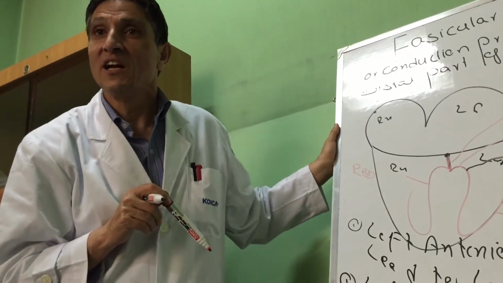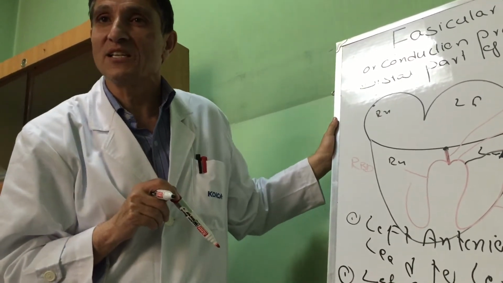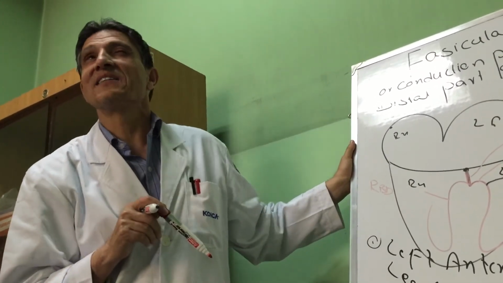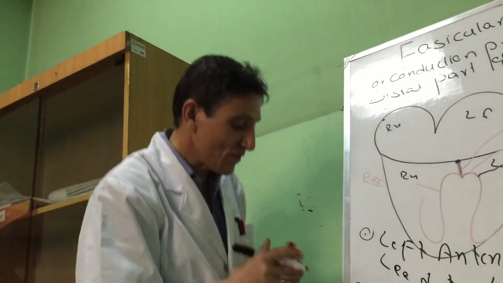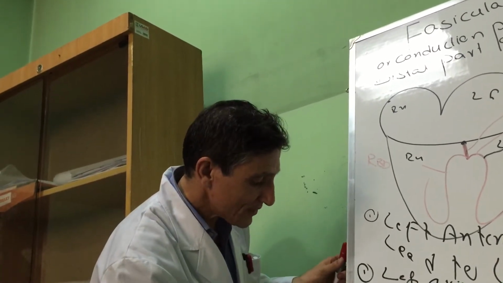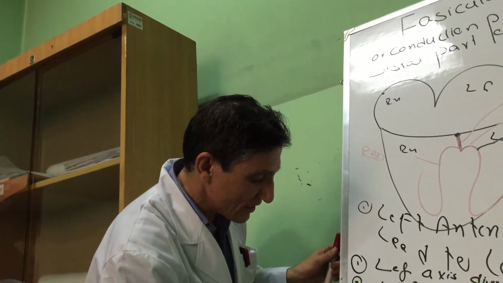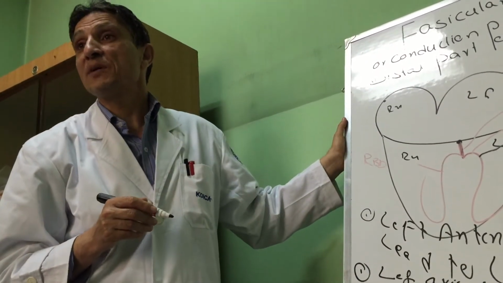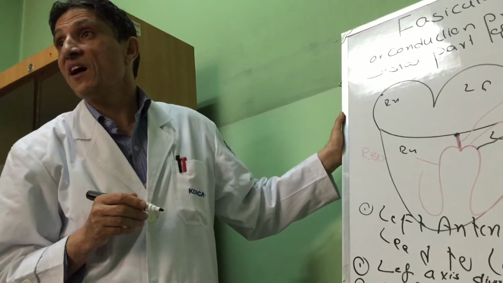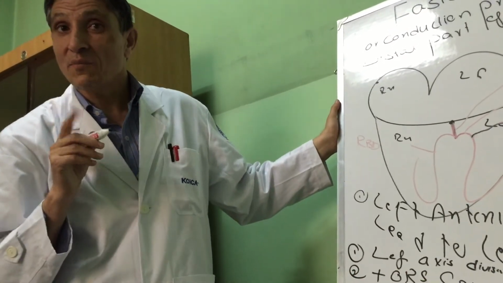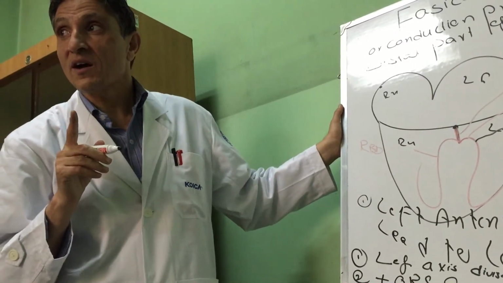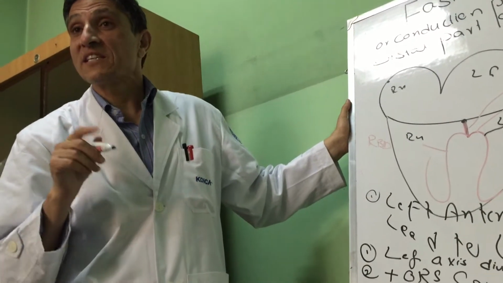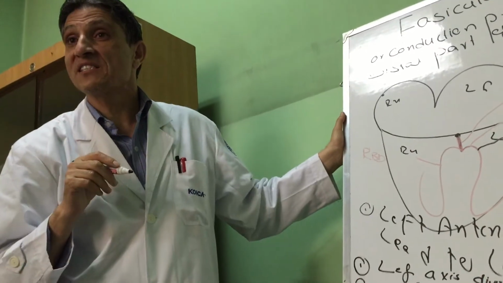In left axis deviation, you will have a positive QRS complex in lead 1 and a negative QRS complex in leads 2 and 3, and the axis would be in the range of minus 40 degrees. These are the 3 criteria in a patient who is having left anterior fascicular block. What type of axis will it produce? Left axis. What is the most common cause of left axis deviation?